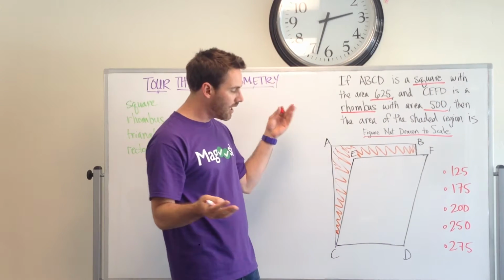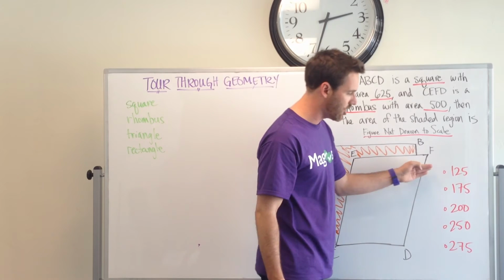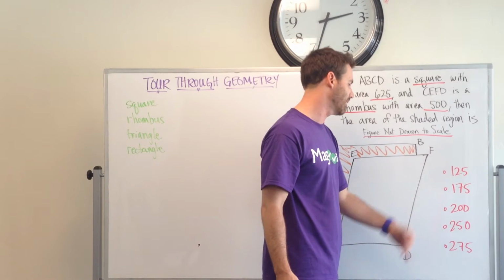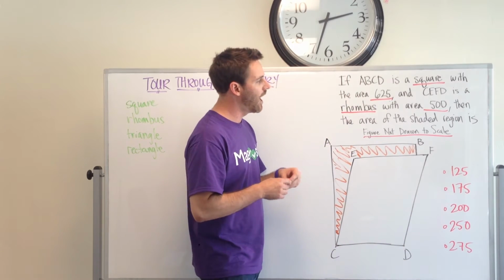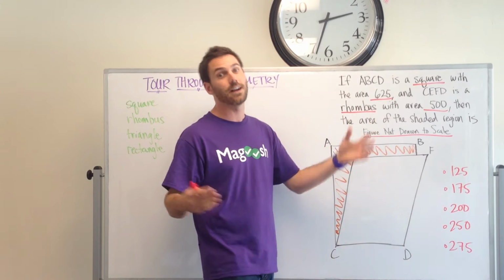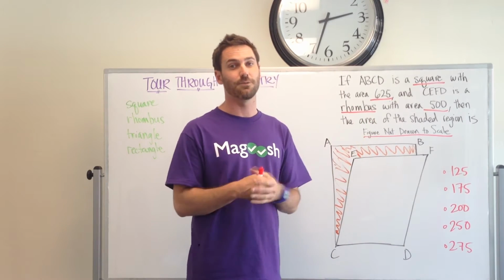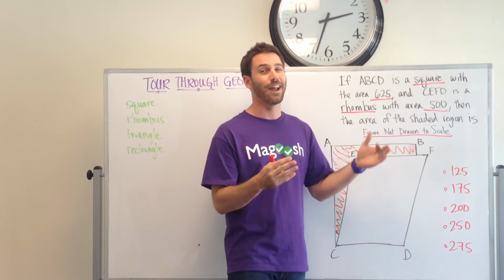It's always good to take a quick glance at the answer choices just to see what is there. They go from smallest to largest, 125 at the lowest end, 275 at the high end. Sometimes you're running out of time on the test and you know you need to catch up and move through a question quickly, so you might have to guess.